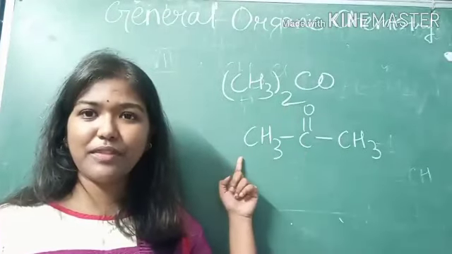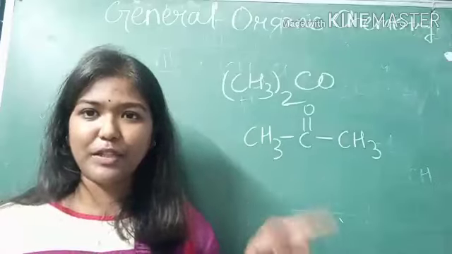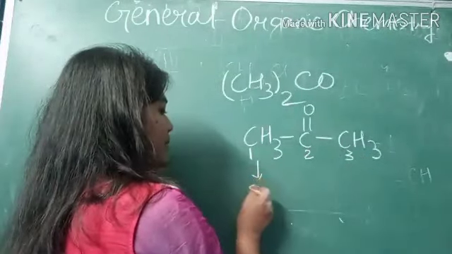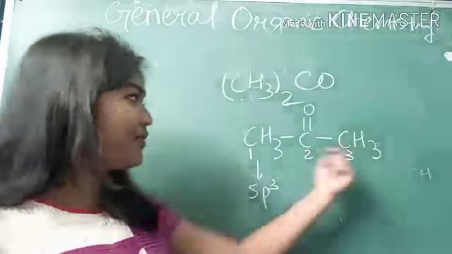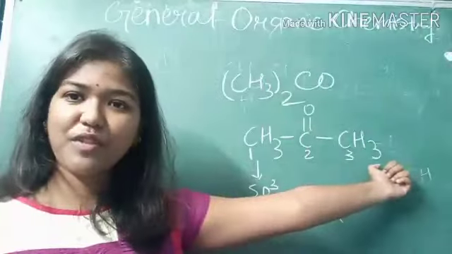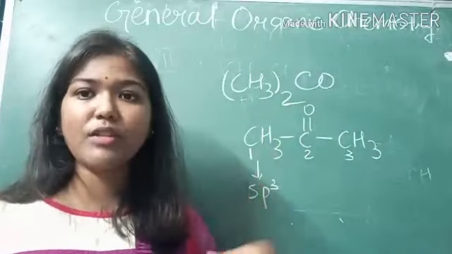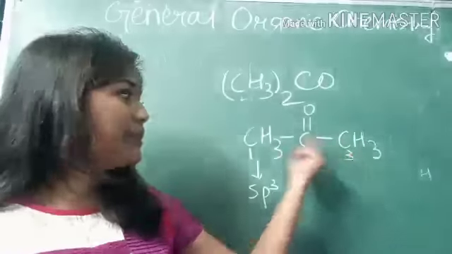So this carbon number 1 will be sp3. We can number the carbons. Clear? Okay, then we will go for the last one. The last one is also similar to the first one. It has got 3 sigma bonds and 1 sigma bond with carbon.